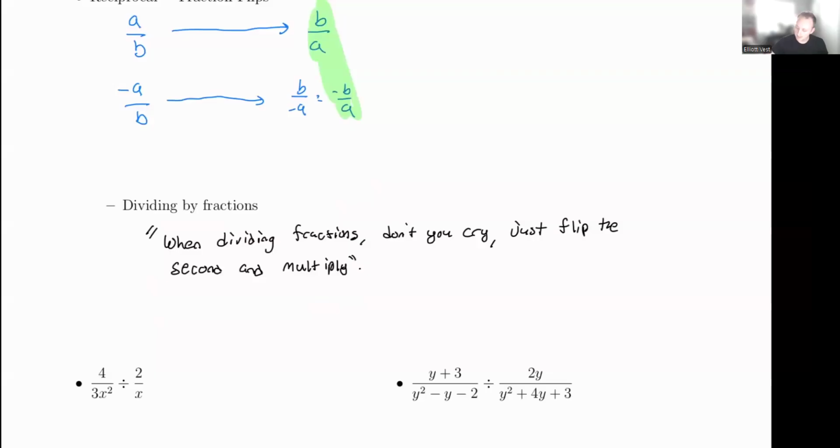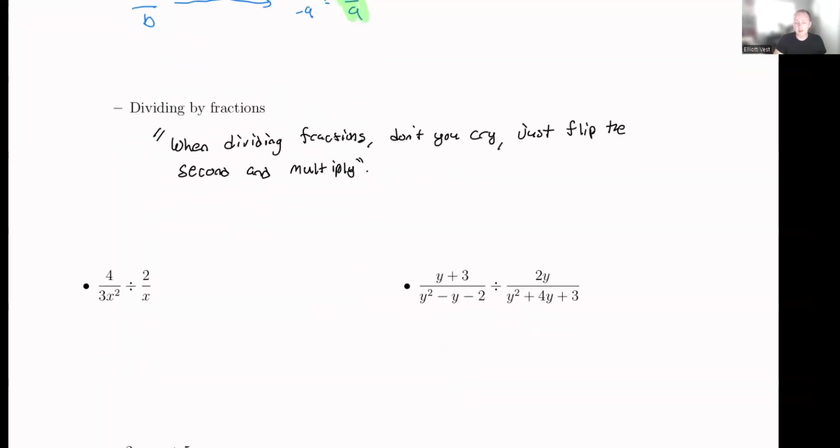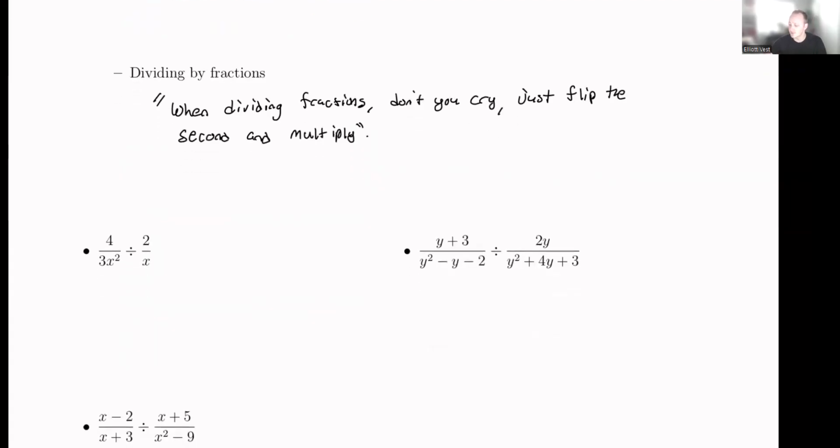I see this first one is 4 over x, 3x squared divided by 2 over x squared, 2 over x. Oh no, I'm afraid of dividing by fractions. But when dividing by fractions, don't you cry, just flip the second and multiply. So let's flip the second, do the reciprocal, and multiply. Okay, how does this cancel?